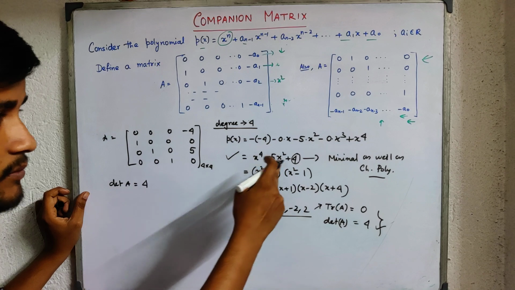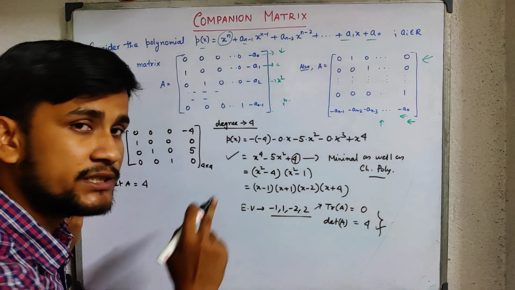Now how can I say that this 4 is the determinant value?